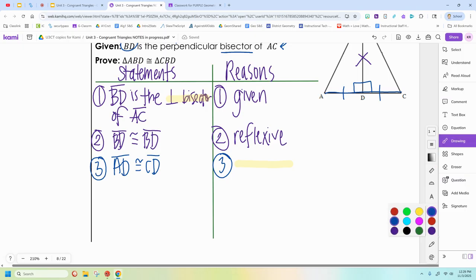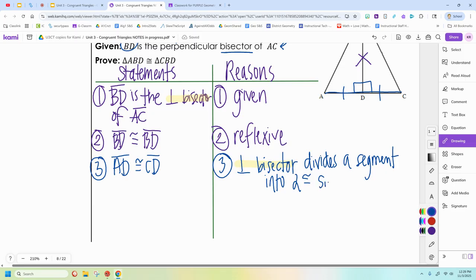So, AD is congruent to CD because a perpendicular bisector divides a segment into two congruent segments.